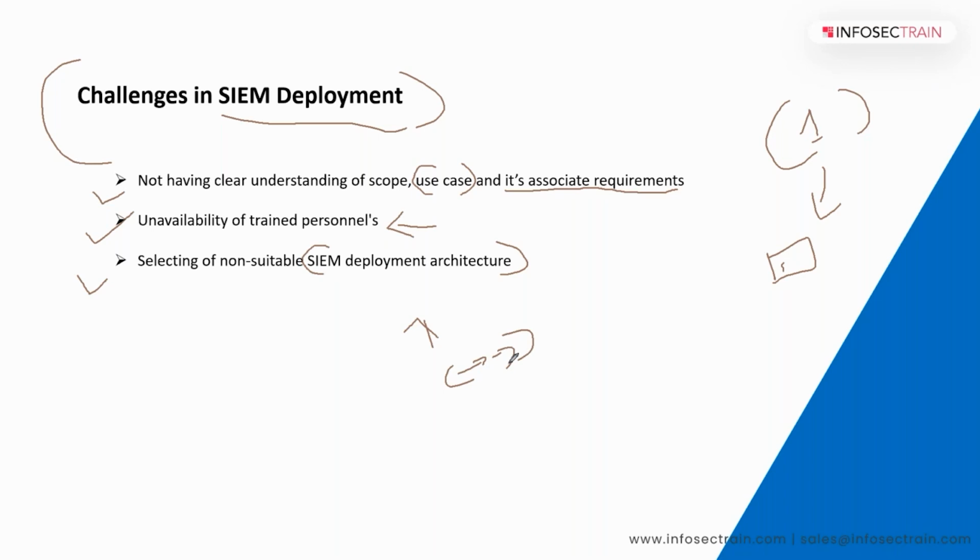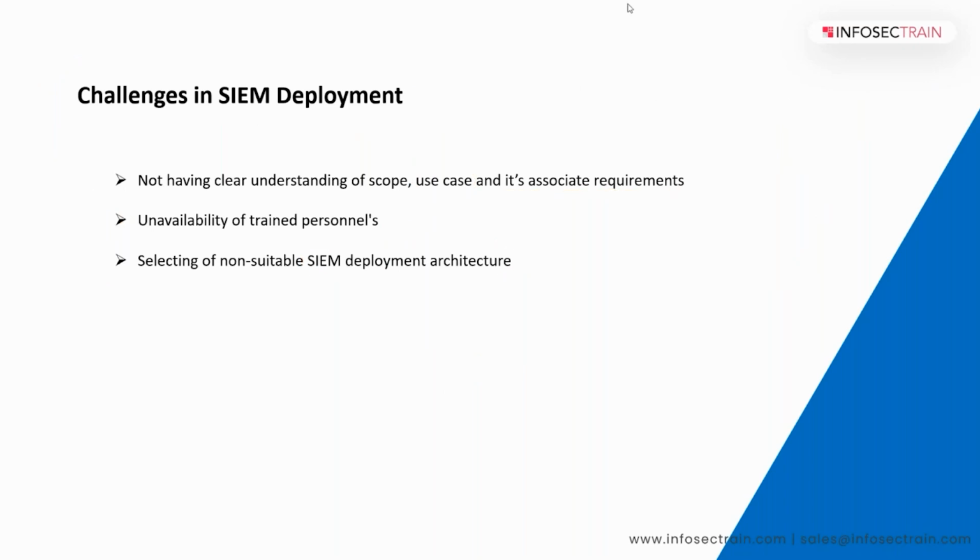So we need to make sure that all the data sources are configured in a periodic manner, consisting of a first phase of monitoring and a second phase of detection or operation. First we are going to monitor those things, and then if there is any recommendation, go for it. Okay, so here are some of the challenges which may be faced while implementing your SIEM solution.